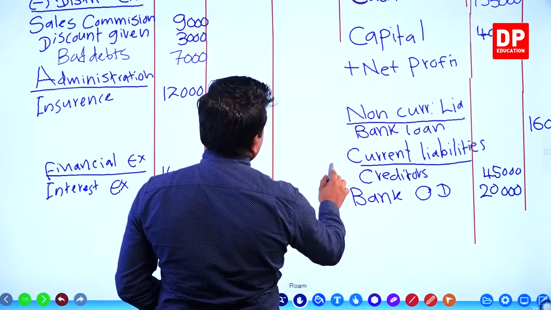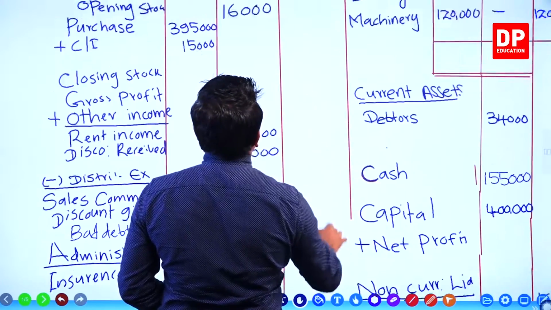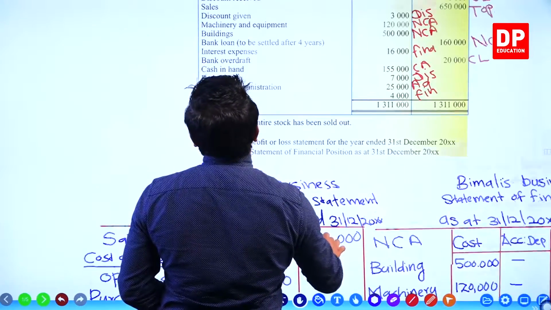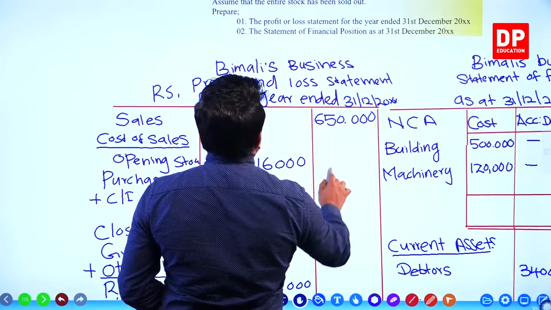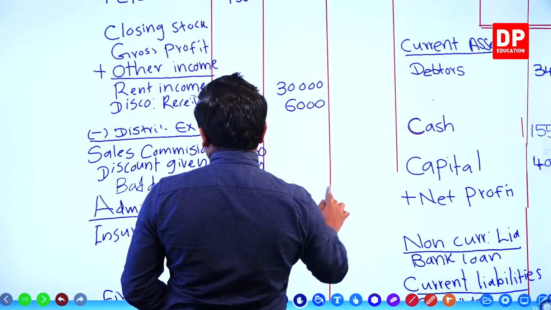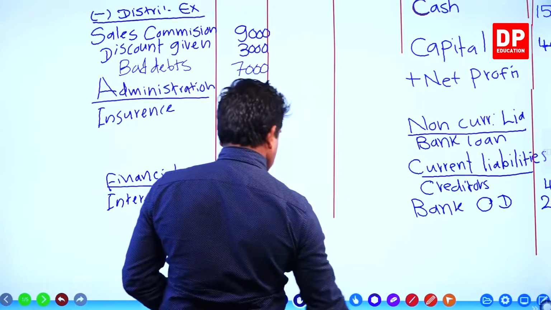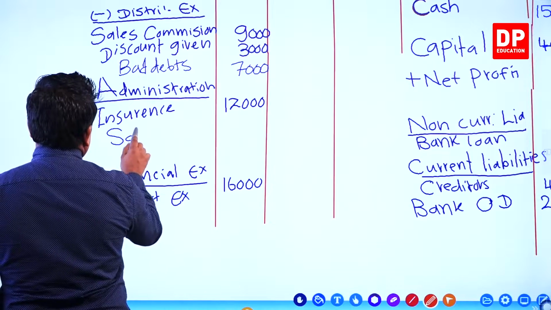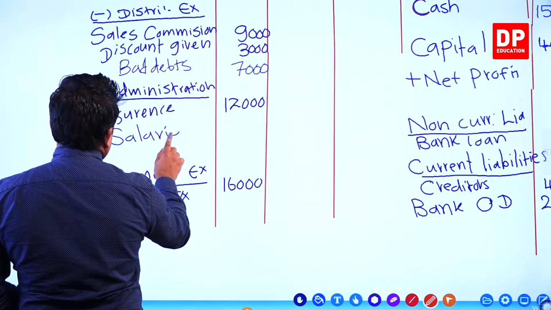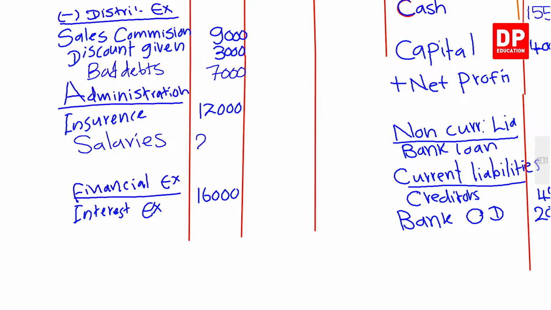Salaries. How much is the salary? 25,000. Where do we put it? Under administration. Salaries 25,000.